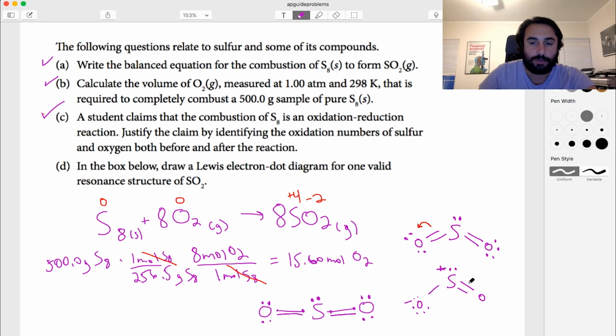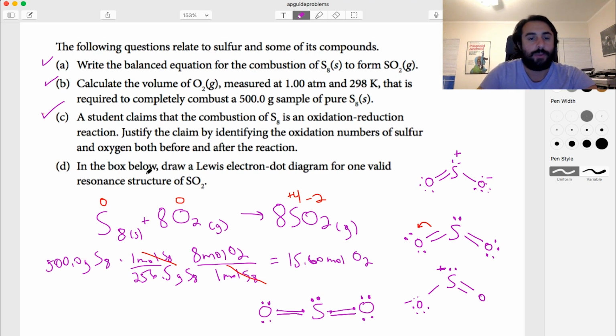So it would still be neutral overall, but oxygen would be contributing 7 electrons. That's 1 more than its valence, so a minus charge, and sulfur is contributing 5 electrons, 1, 2, 3, 4, 5, and that's 1 fewer than its typical valence of 6, so that would be a plus charge. And then, of course, we could do the same thing going the other way. So these would be the 3 valid resonance structures.